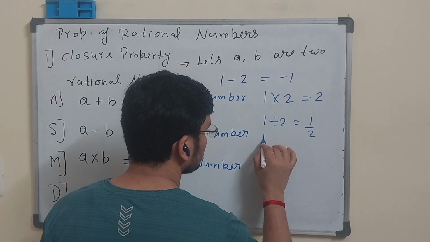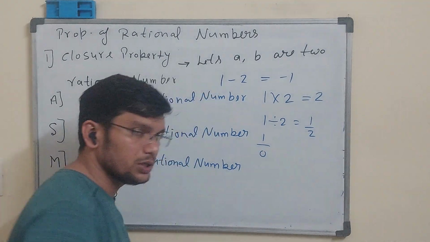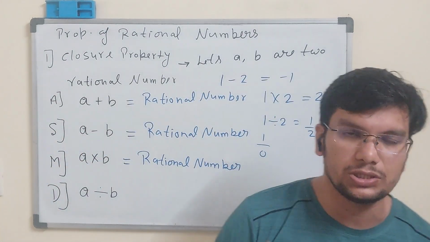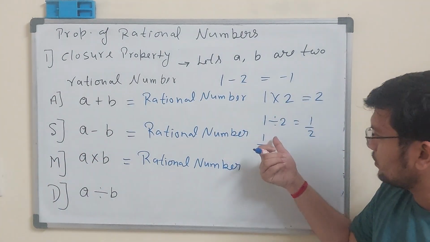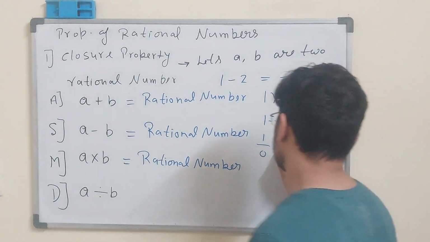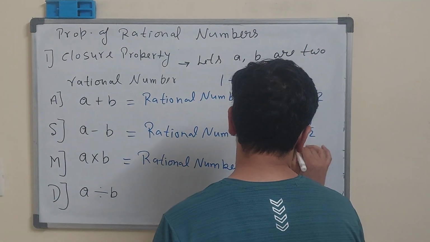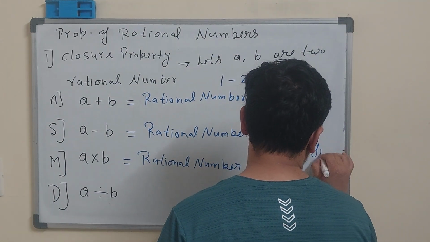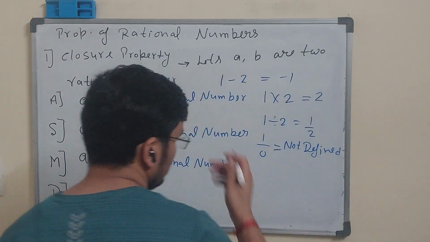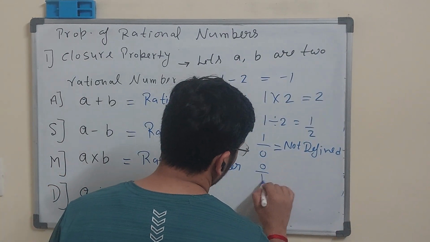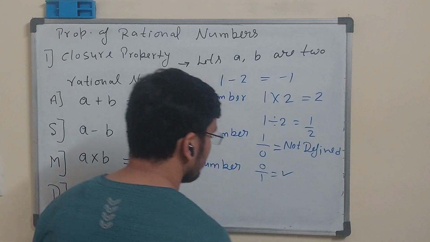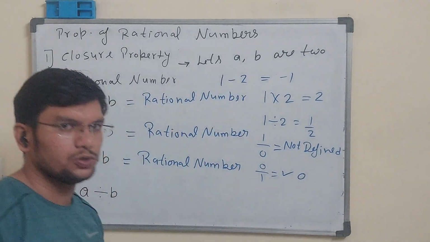But what about 1 by 0? Because 1 is a rational number and 0 is also a rational number. If you divide 1 upon 0, it is not defined. But if you take 0 upon 1, it's possible, you will get 0, and 0 is a rational number.